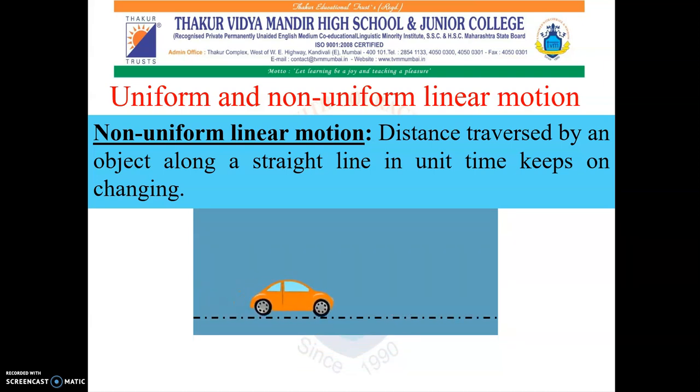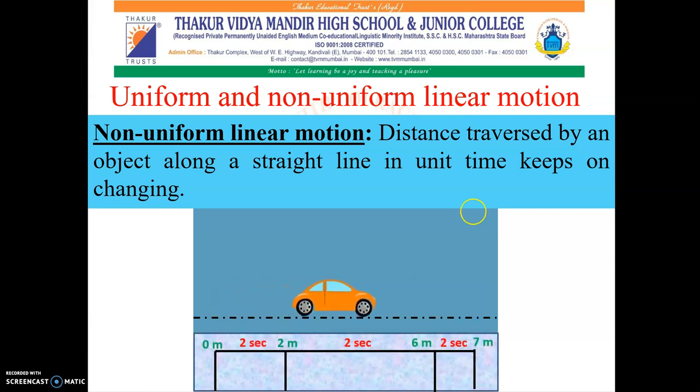See the same example of car moving along a straight path. But here, if you will see, in unit time, which is 2 seconds, in every 2 seconds, the distance covered by the car keeps on changing. That is, in first 2 seconds, it is covering 2 meters.